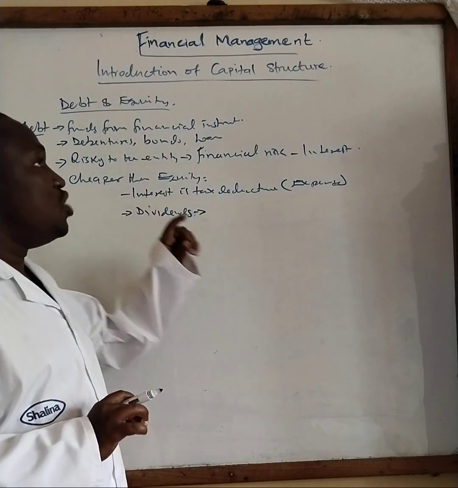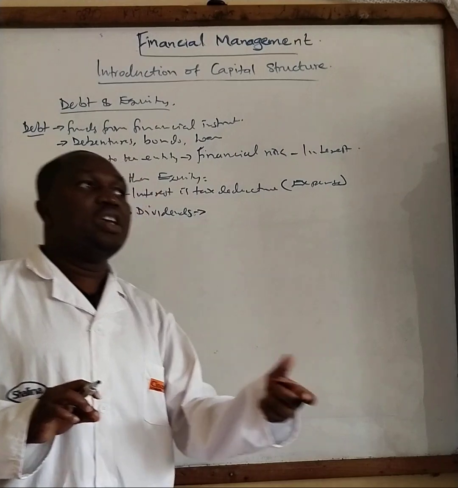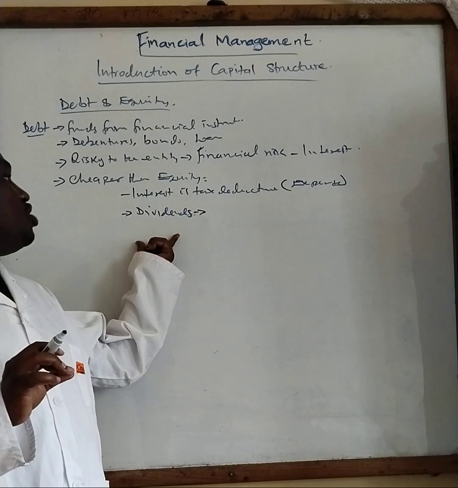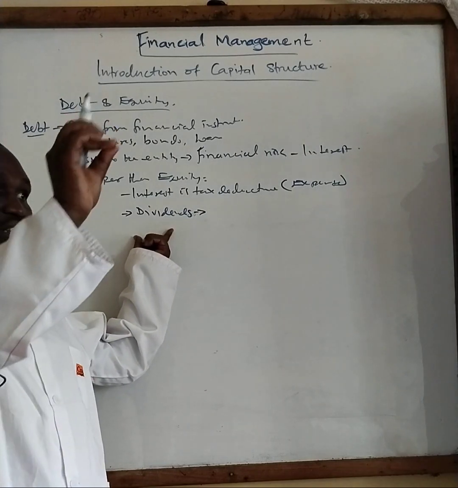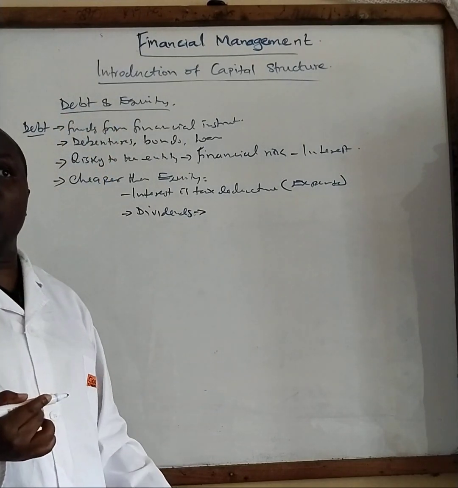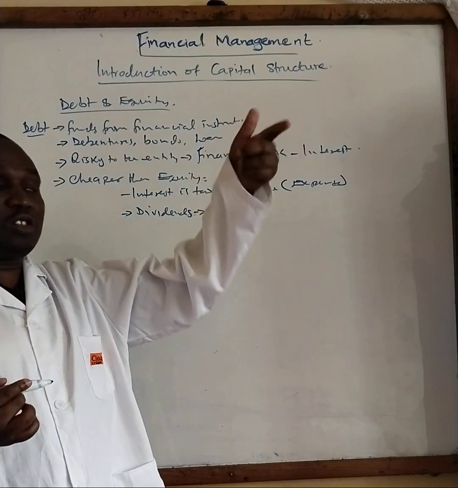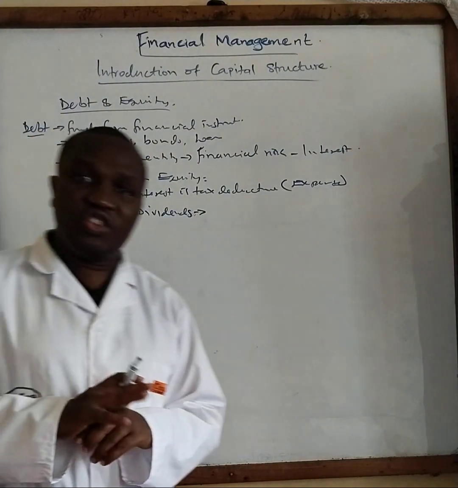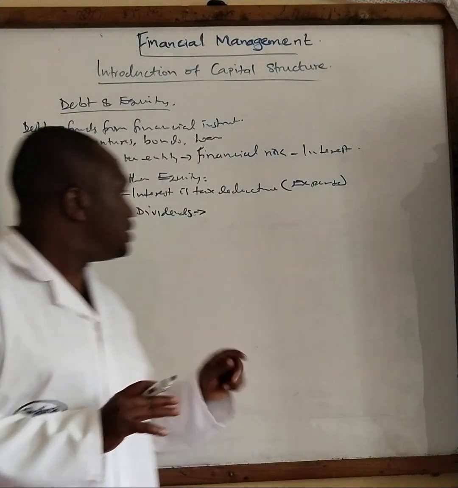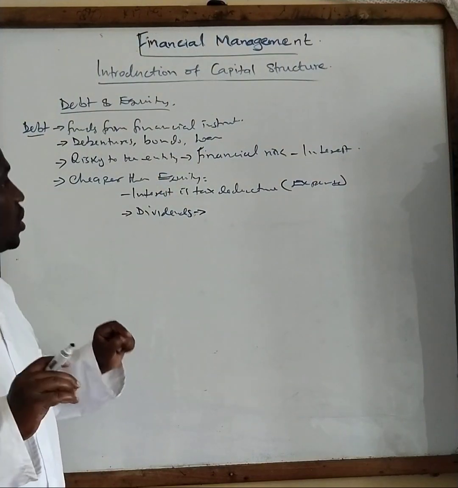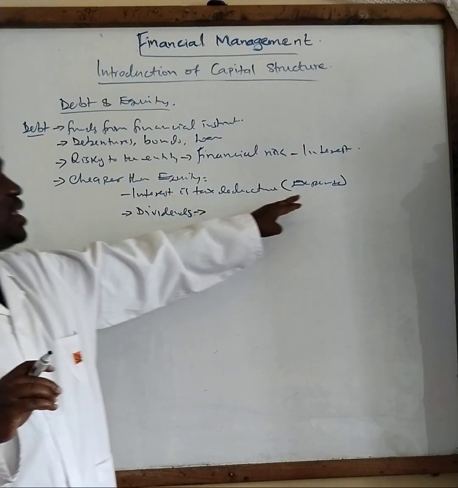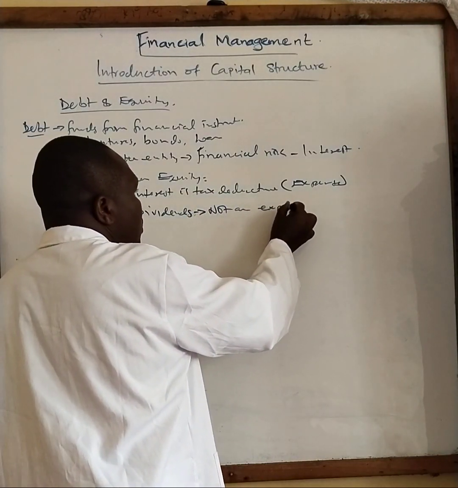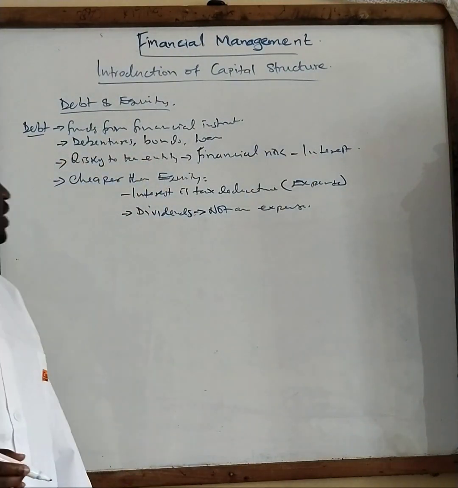But for the interest, you have to subtract interest, then the amount remaining is where you apply your tax rate. But for dividends, you cannot subtract them and then apply the tax rate. No, you apply the tax rate first, pay the tax, then whatever is remaining, you distribute as dividends to the shareholders. So it means that this equity is expensive because we cannot deduct it as an expense. So you can say it is not an expense. That is why it is expensive.